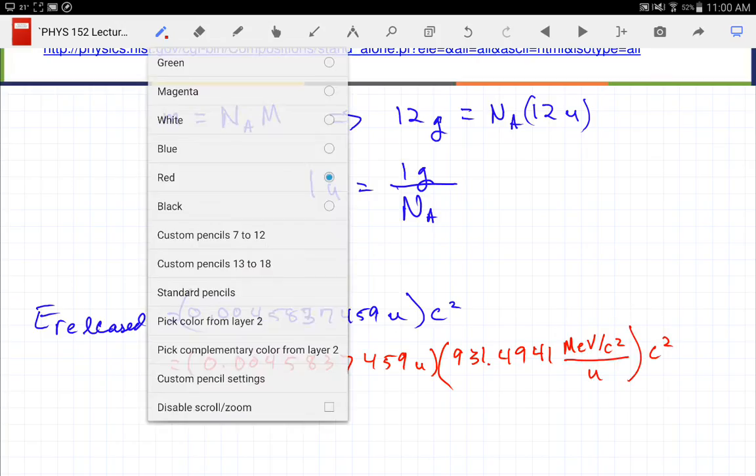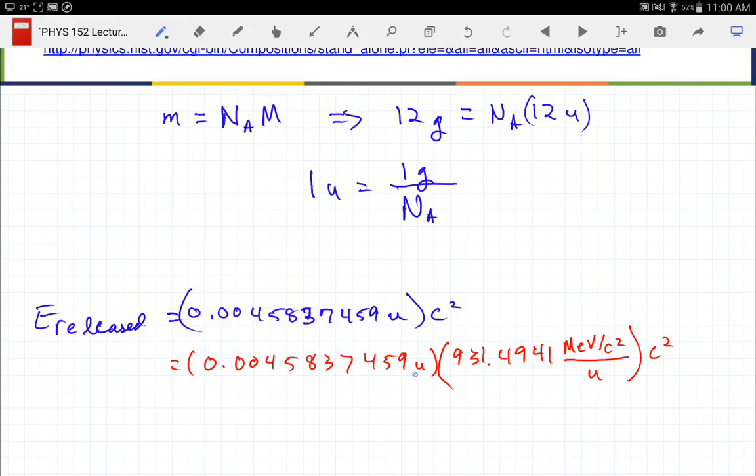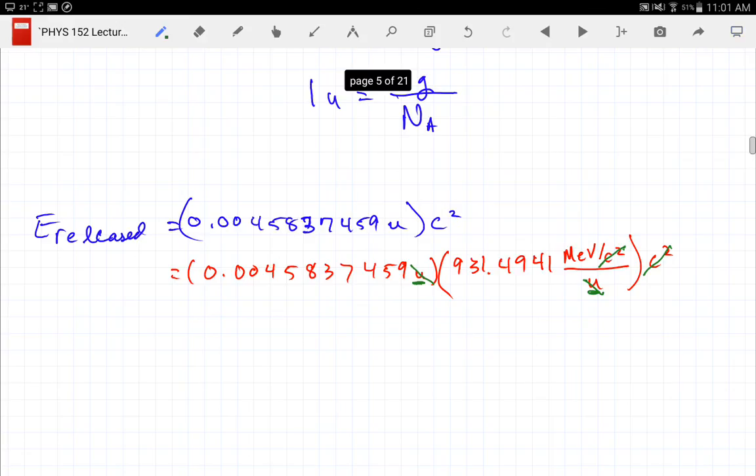Now let's just look at the units here. I have atomic mass units here, per atomic mass unit there. So those cancel. I had over c squared here and times c squared there. Those cancel. And what I'm left with is going to be an answer in mega electron volts.